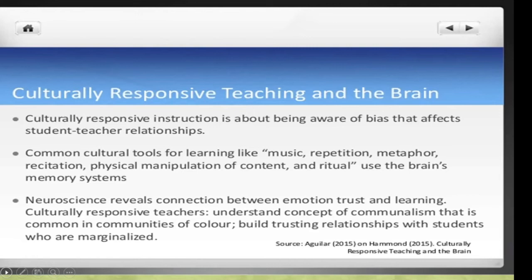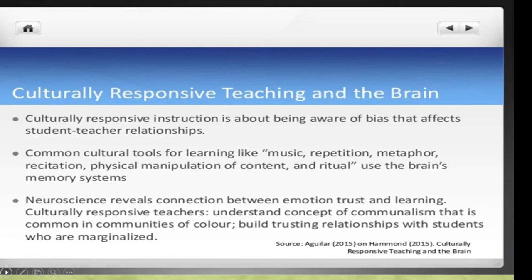You really can tap into the repetition, physical manipulation of the content, the metaphors, and how you can activate students' memory system. But it's also an opportunity for you to bring in more diverse perspectives in terms of language, in terms of art, in terms of music. So looking at how the neuroscience connection between trust and learning is there.